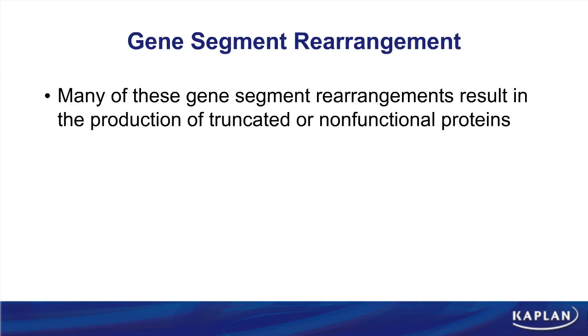So in talking about gene rearrangement, once that rearrangement occurs, and we think about all of the things that have to come together to make a functional VDJ segment, sometimes it doesn't work, right? Sometimes we're having a really bad day. Sometimes it doesn't work and can result in the production of a truncated protein or maybe a non-functional protein.